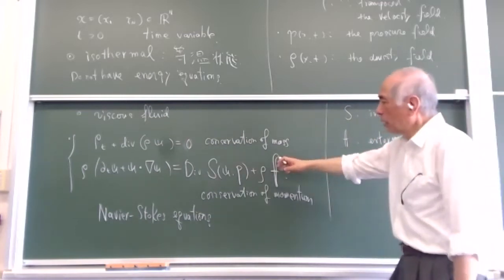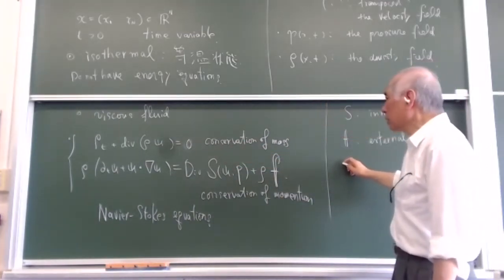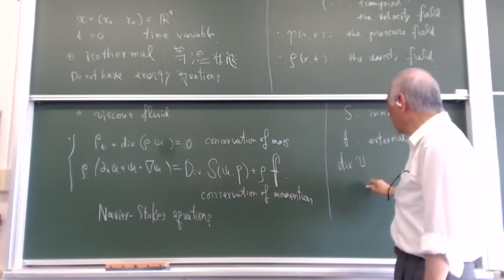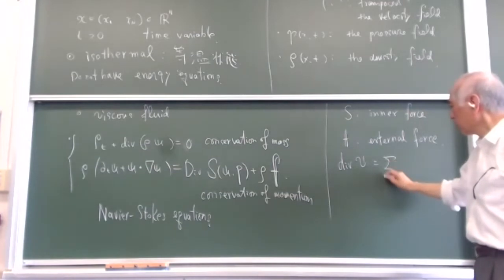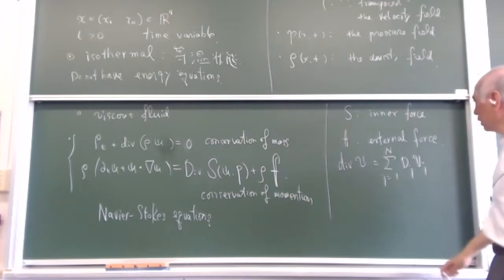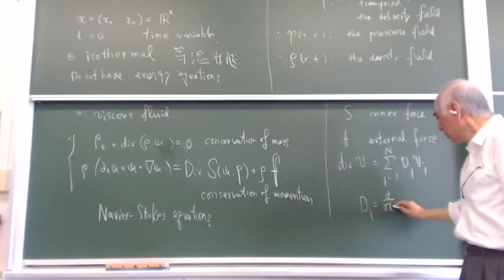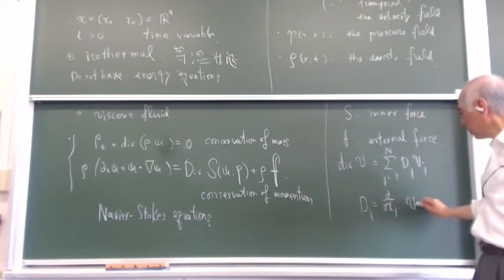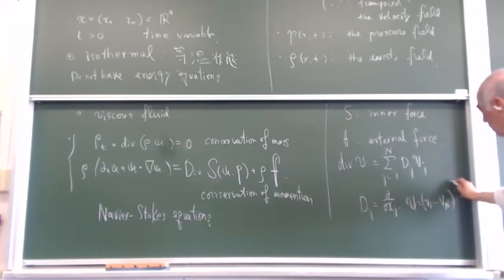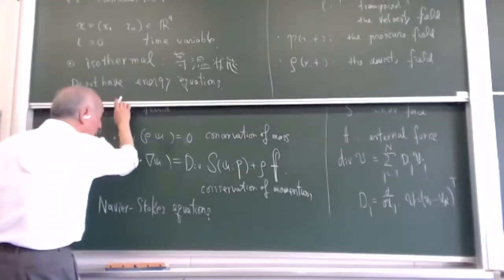So maybe I should give some notation. As you know, the divergence of a vector of functions is the sum of the derivatives of its components with respect to x_j. This is divergence.